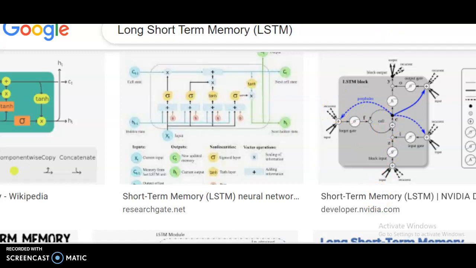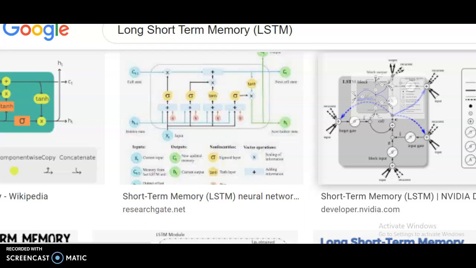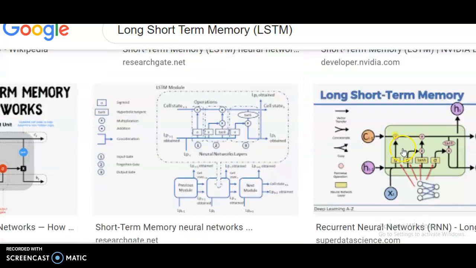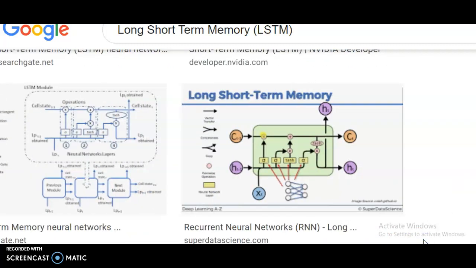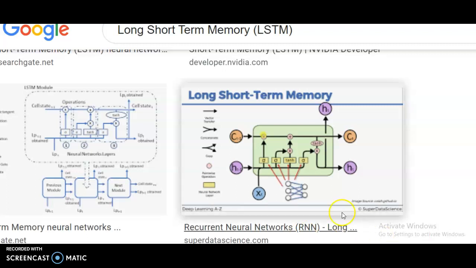LSTM. Long short-term memory. So mentioned here.